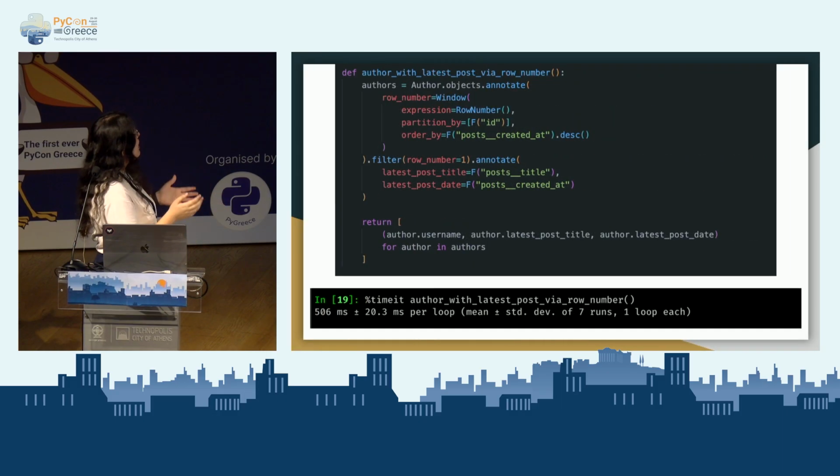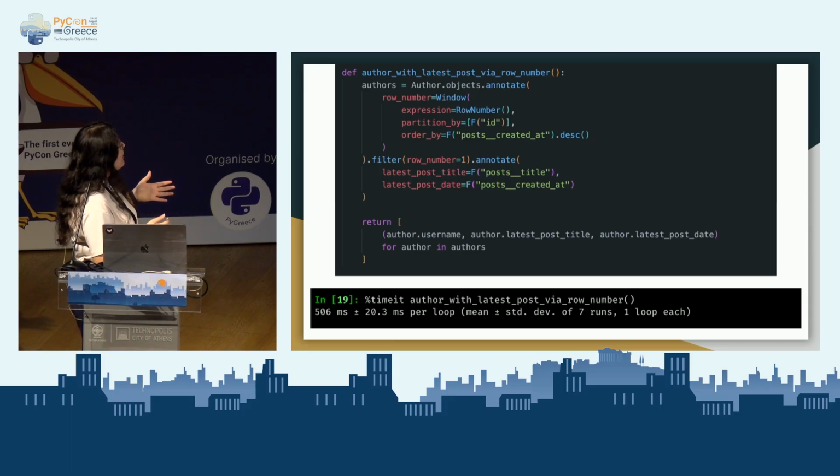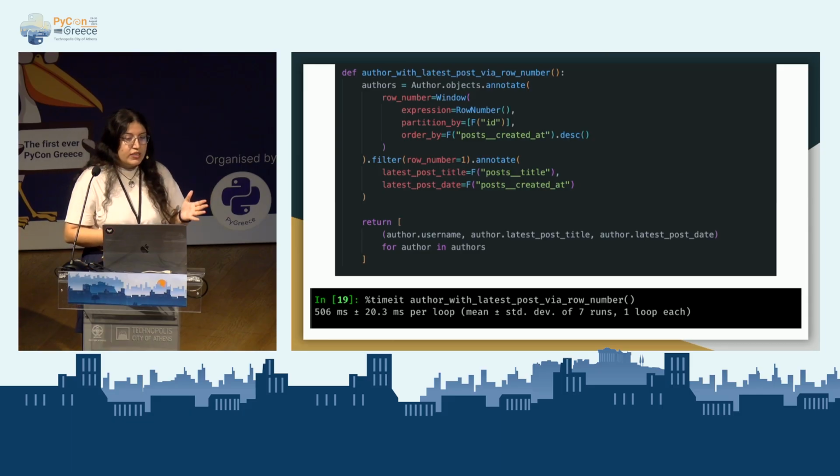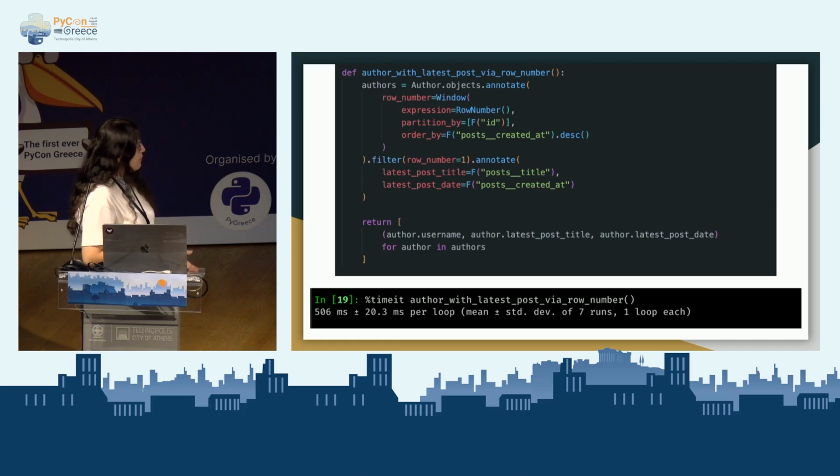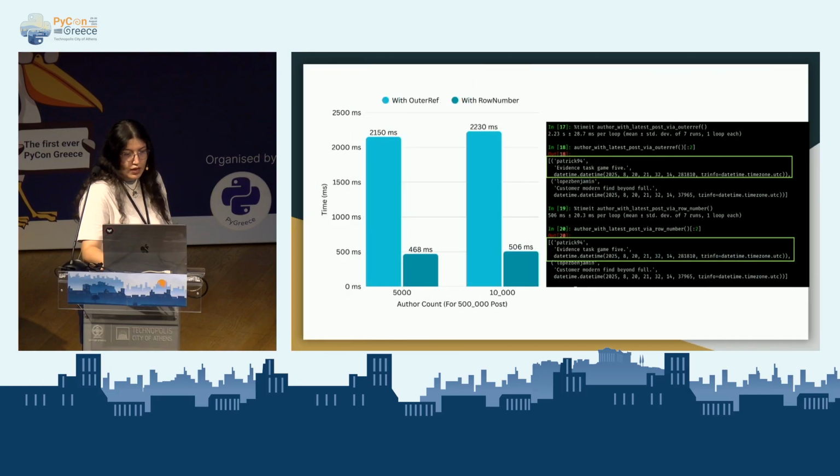So when we rewrite the OuterRef query with row number, it took only 560 milliseconds. And here we have 500,000 posts, and we grow the author count. Row number stays faster than OuterRef.